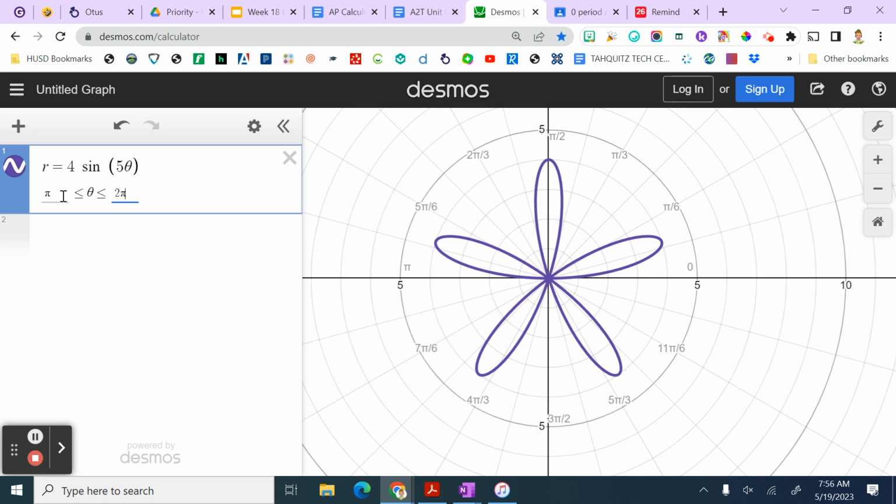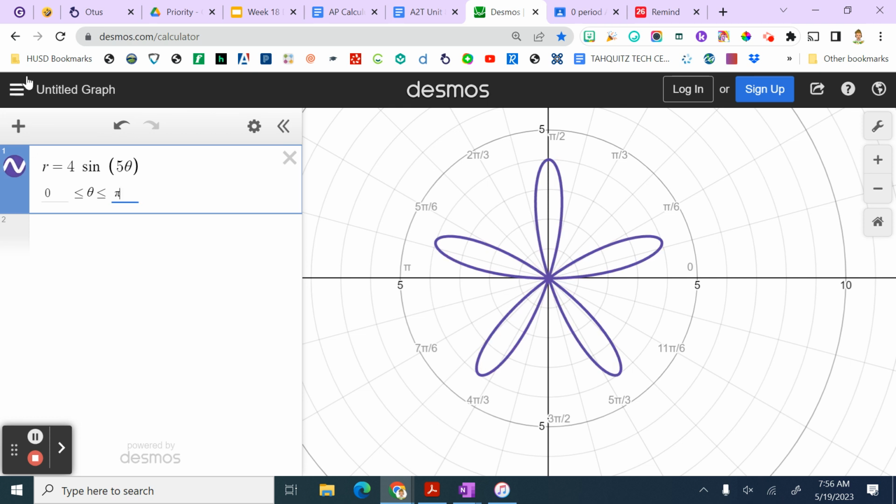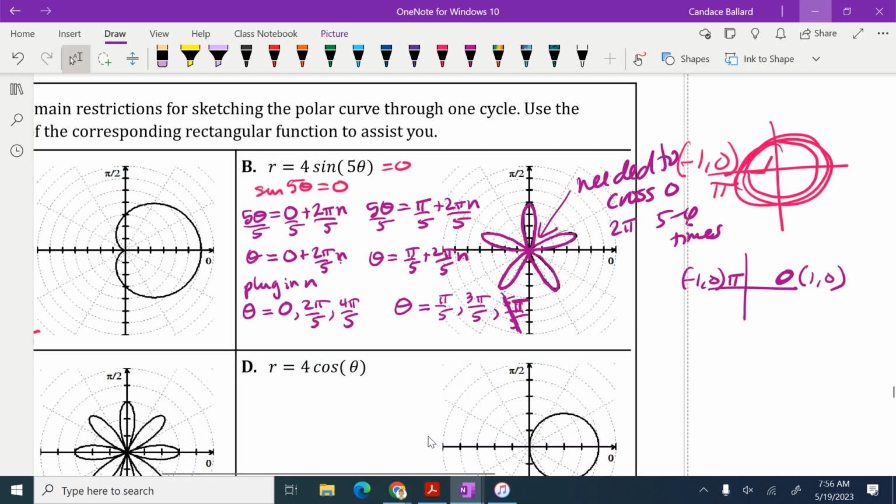It gives me the whole thing again, right? So I know that my original domain has to go 0 to pi. So we were right. Once we crossed that last one, that 6th time, we were done with the curve. If I went less than that, like pi over 2, I don't have the whole thing. Okay. All right. Let's try another one.